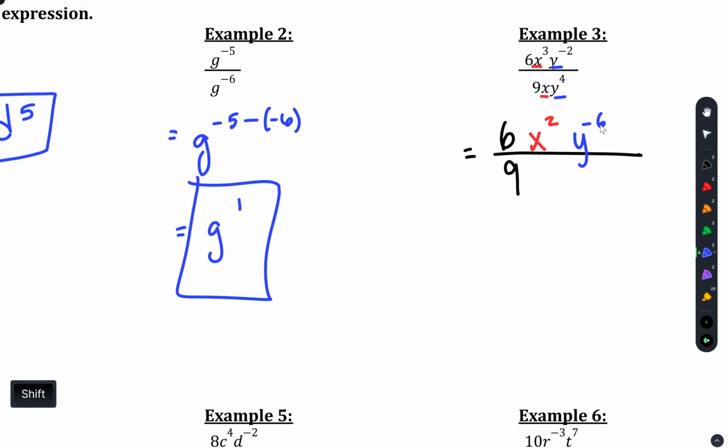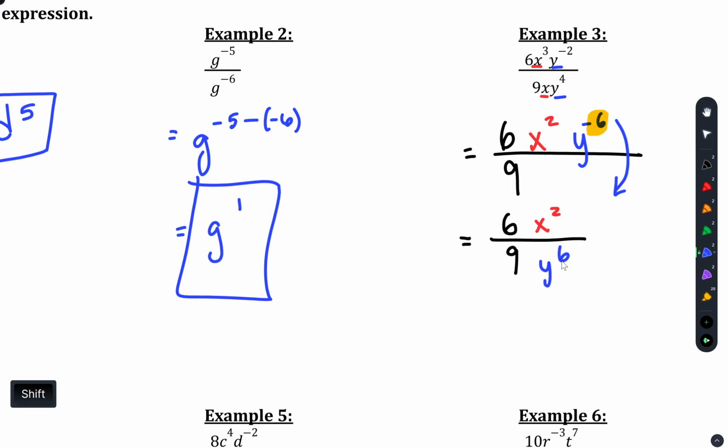What do I now need to do to simplify this, now that everything's up at the top? I see this negative exponent right here, and I'm going to bring it down to the bottom because the negative exponent always goes down to the bottom. So let's rewrite this. 6 over 9, x squared is in the top, y to the 6th is now in the bottom.